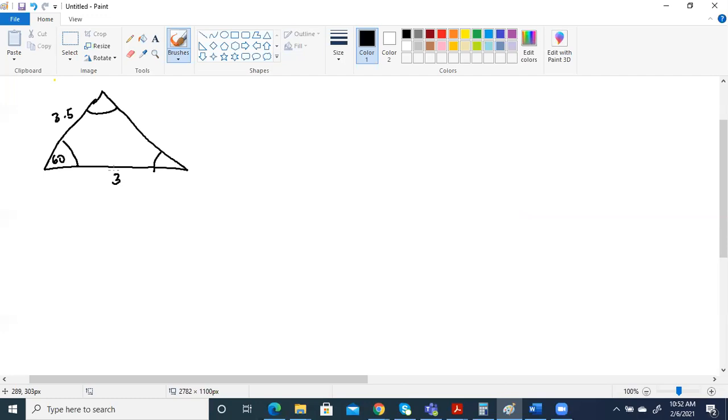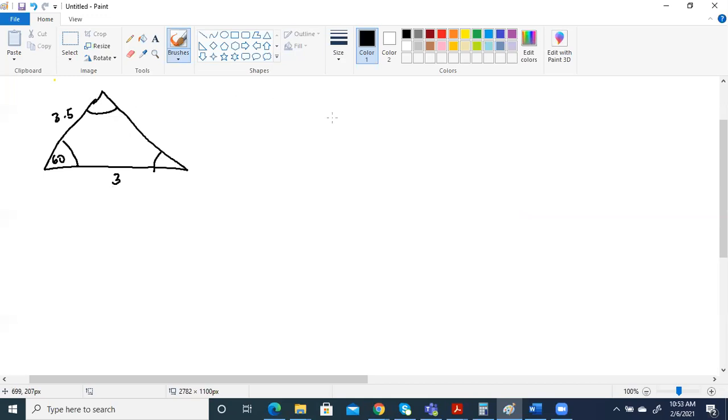We're going to work this one question now, because the question says you ought to find the unknown angles. As you can see here, you have two angles that you don't know, and one side that you don't know. So the question says find all the unknown angles and the unknown sides.